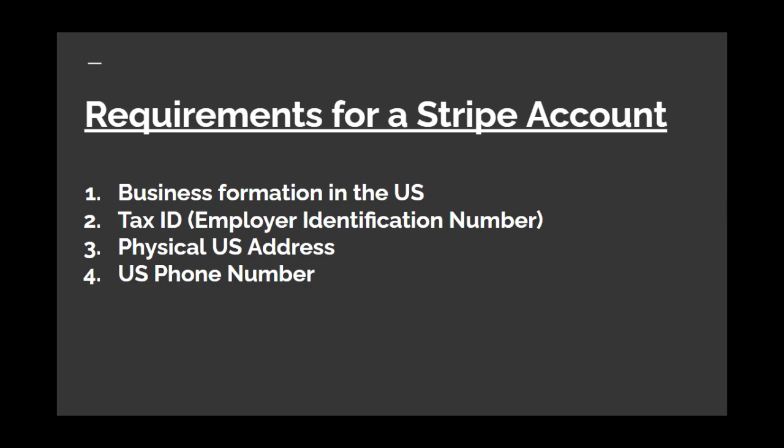You will also need a US phone number. When you're creating a Stripe account, you need a US phone number for receiving text messages for confirming or verifying your account, for example. And they will also want this US phone number to send you messages like transaction alerts or to contact you directly.